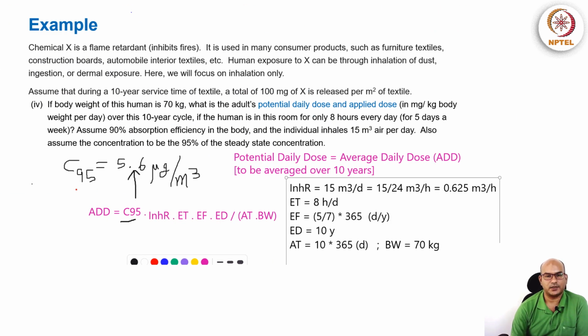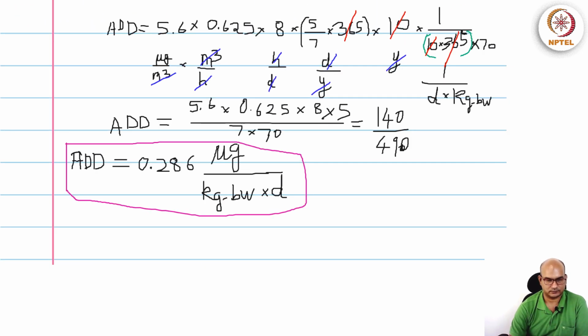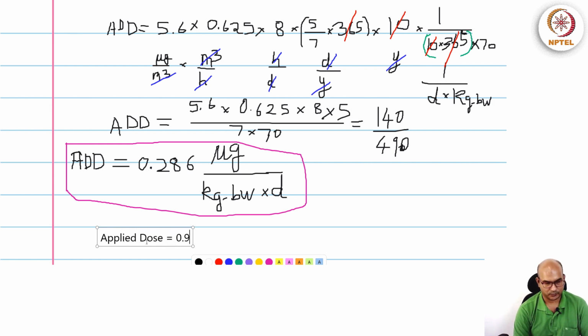The other part was applied dose. We have been given 90% as the absorption efficiency, so we will use this information to get our applied dose. Applied dose is equal to 0.9 multiplied by average daily dose.